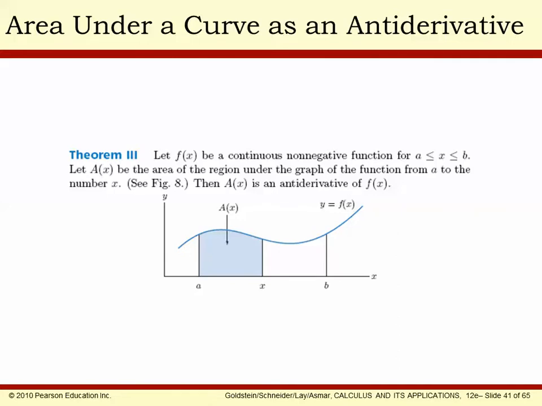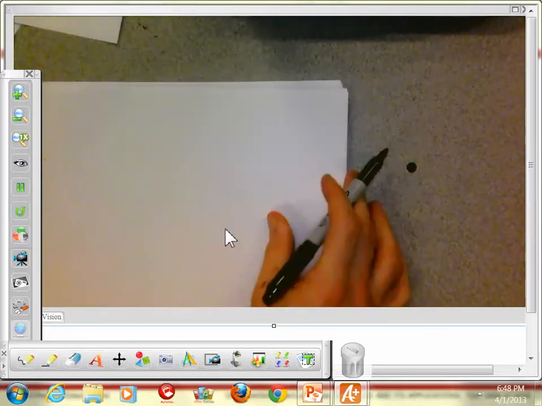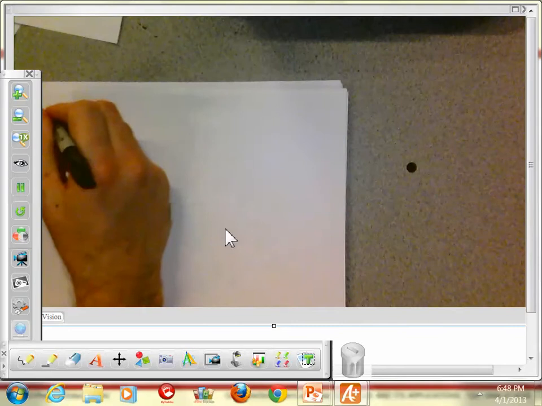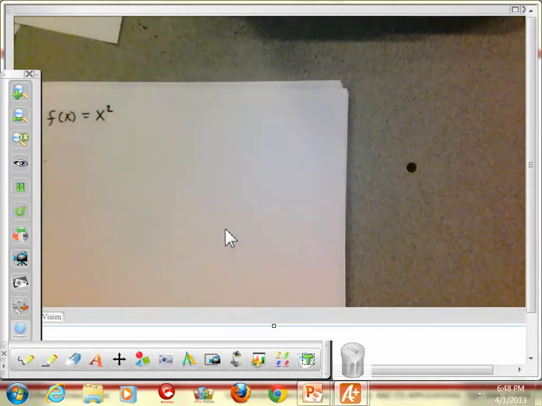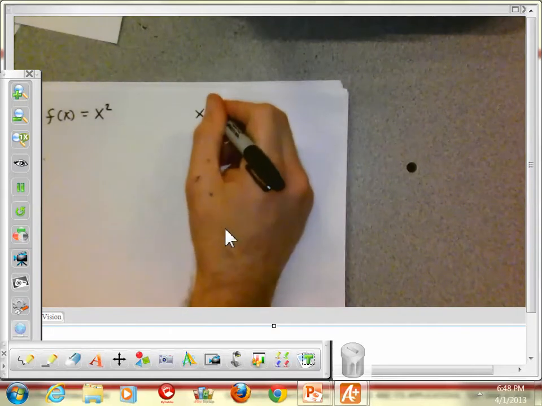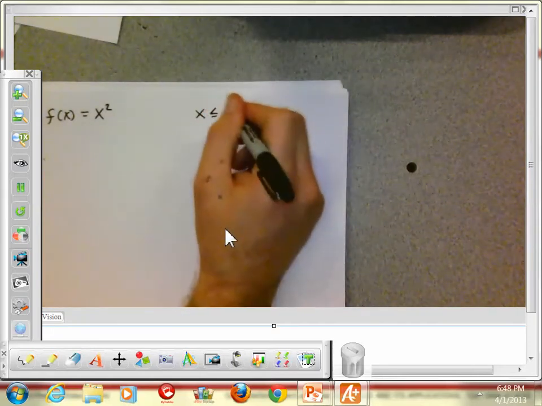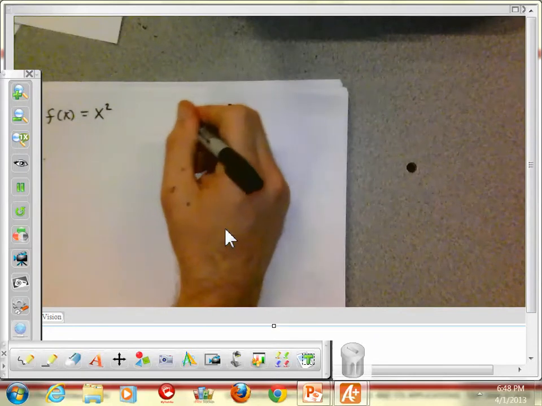Okay. So what we're going to do is derive a formula in terms of x that tells us the area under this curve. I'm going to let my function f of x equal x squared, and I'm going to look on the interval x less than or equal to 2, greater than or equal to 1.